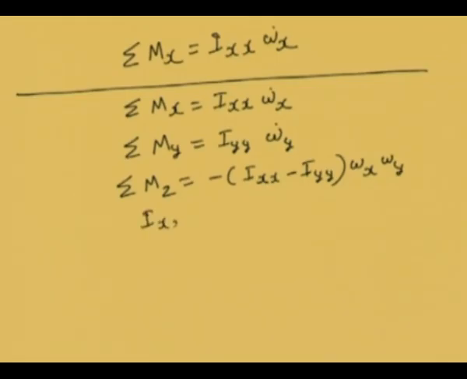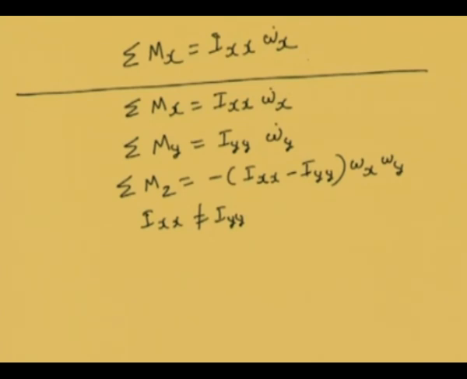Now if Ixx is not equal to Iyy, then in that case the body experiences a net moment in the z direction also. So even if omega x is constant, therefore sigma Mx, which is Ixx omega dot x, is 0, and sigma My is 0. However, sigma Mz will be present.